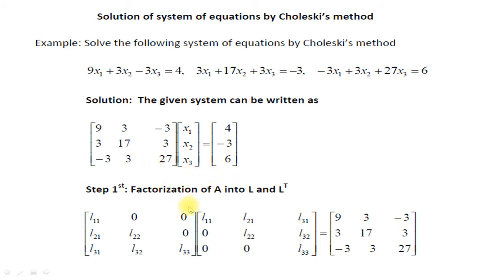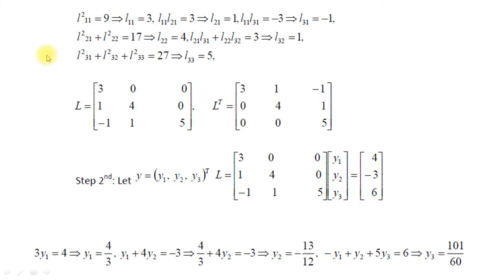Now this is the lower triangular matrix, this is the transpose of the lower triangular matrix, and this is the matrix A. Now multiply these two matrices and you will obtain a single matrix, and then compare the single matrix to this known matrix A. You can easily find L11 square is equal to 9, so taking the square root, L11 is equal to 3.